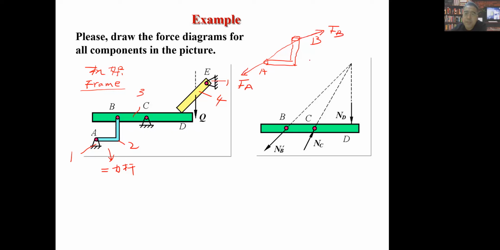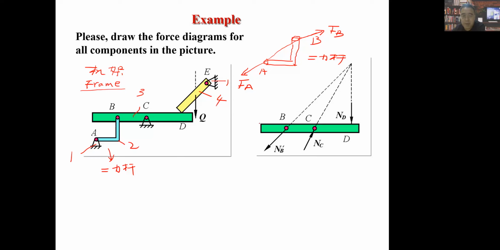No, because this AB is 二力杆, you guys should know that means FA, FB have the same magnitude, opposite direction, collinear. That's very, very important.